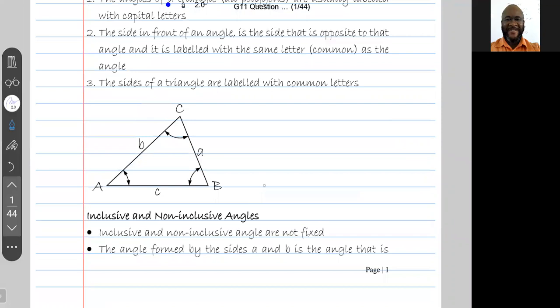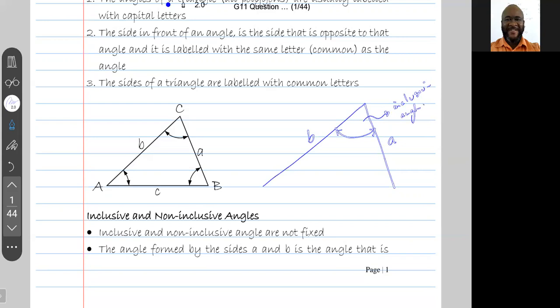So I'm forming a triangle. This is the side B, and this is the side A. Now, the angle that is formed by the sides A and B is the angle that is included between A and B. So this angle here would be called the inclusive angle.